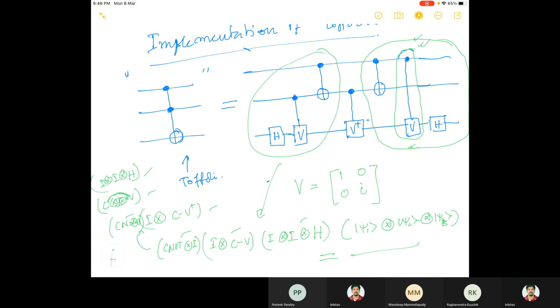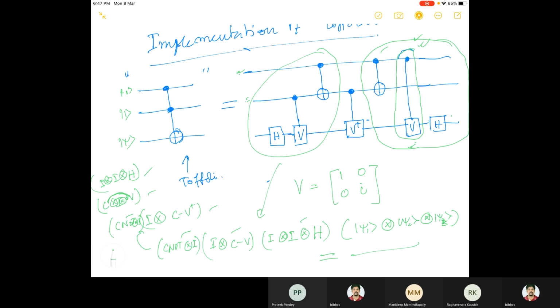This is H and V, and here also H and the control V, but the control here is between the second and the third one. That is the difference, and then it is just the H here. So you want to check that if at least one of the other qubits is zero, nothing is affected.